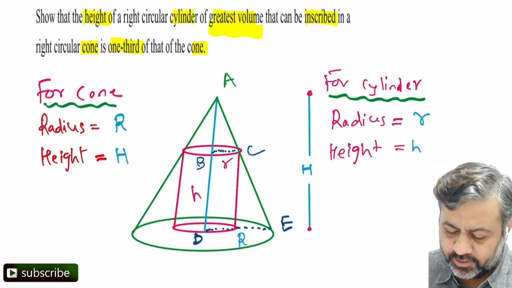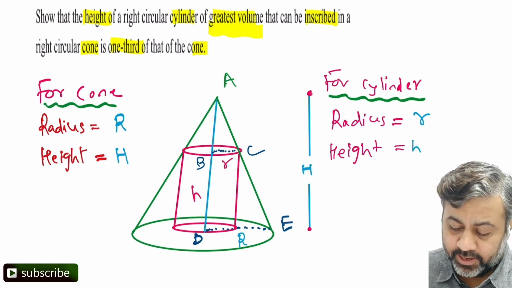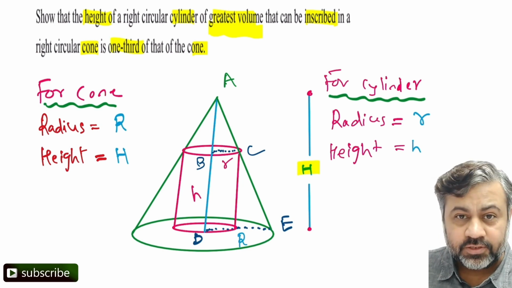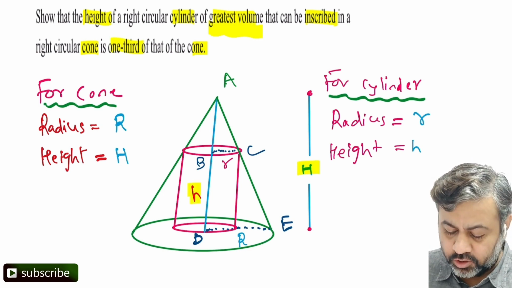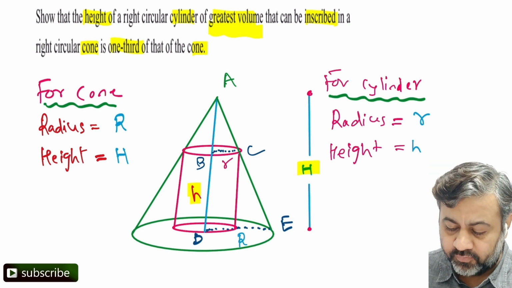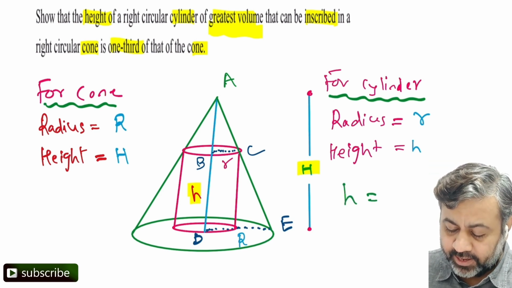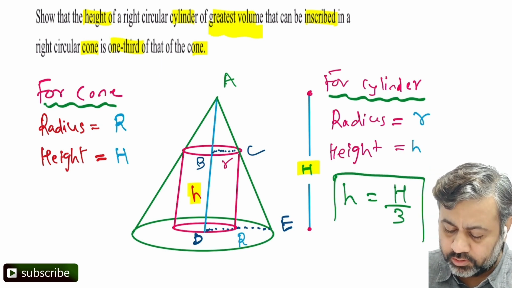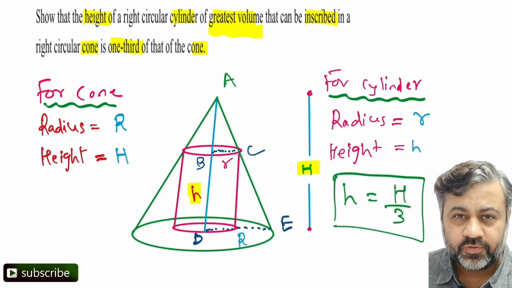That's basically, if I take capital H to be the height of the cone and small h to be the height of the cylinder, we have to prove that the height of the cylinder is 1/3 of the height of the cone. This is basically what we want to prove.